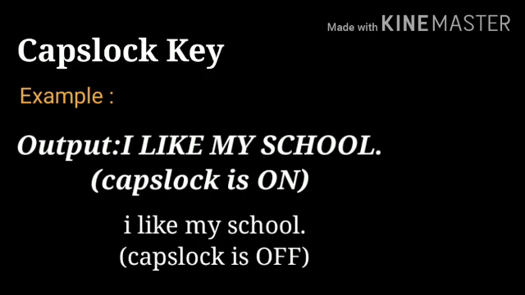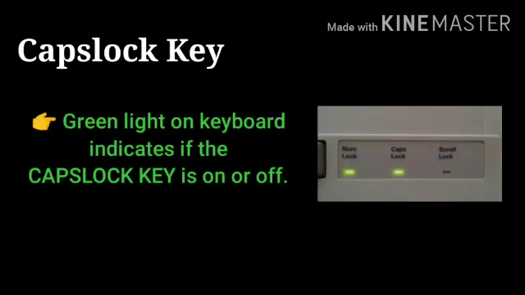So, can you see the difference, boys? Yes, this is the use of caps lock key. One important point to note here is that a small green light on the keyboard tells us if the caps lock key is on or off.